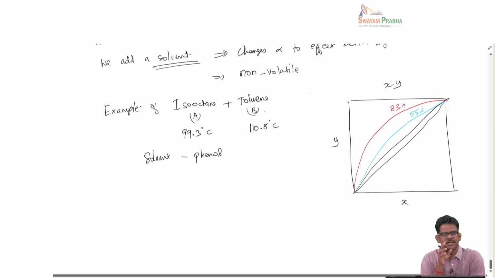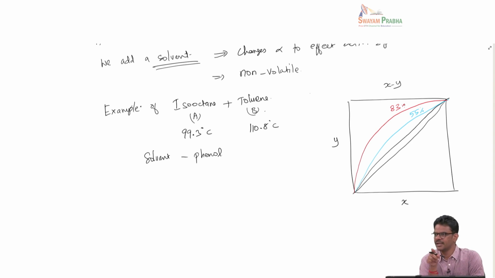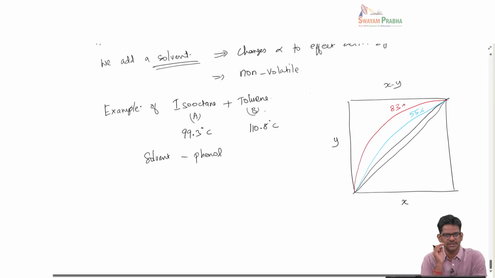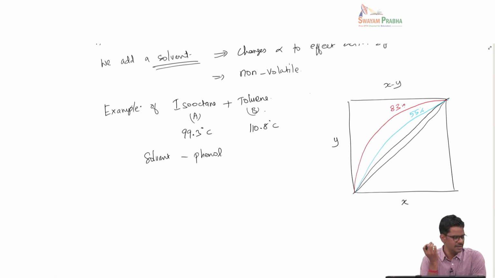So, what we are saying is that if I look at the composition of isooctane between the vapor and the liquid in the presence of phenol, the relative volatility of isooctane increases. So, we know that if alpha is higher, for the same amount of separation, the number of stages required would go down. So, that is preferred. So, that is the context.